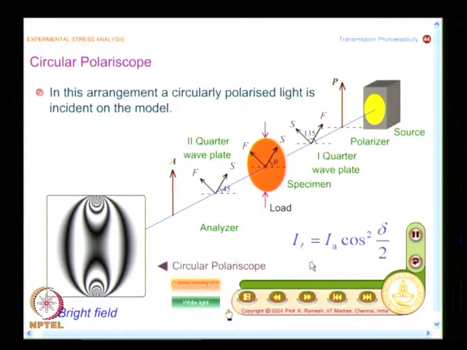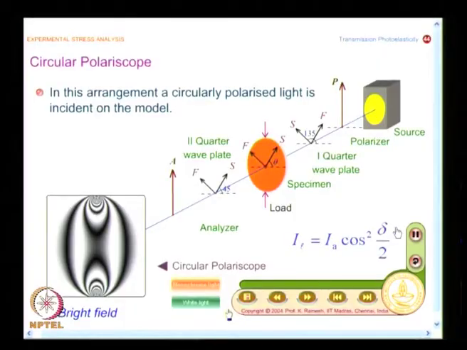And you also note that the intensity of light transmitted takes the form I_A cos squared delta by 2, and this will go to 0 only when delta is pi, 3 pi, 5 pi and so on.